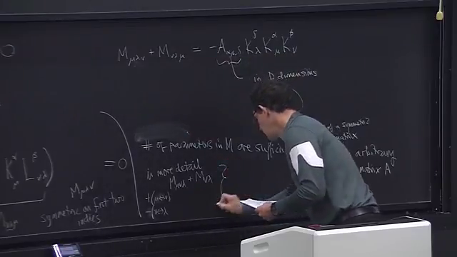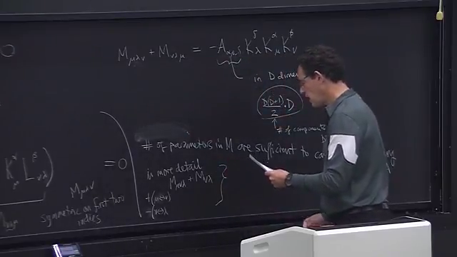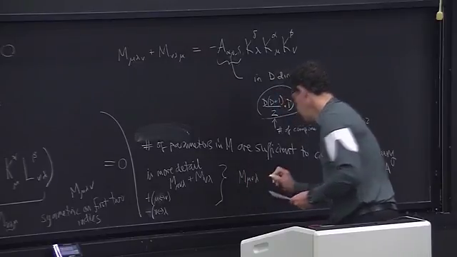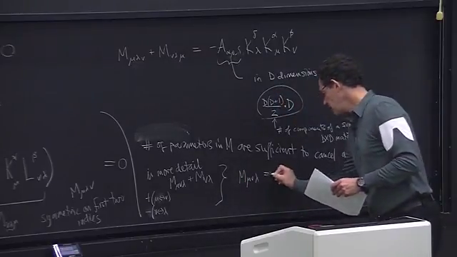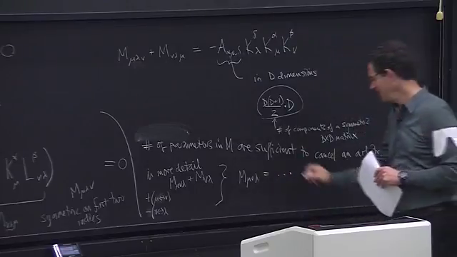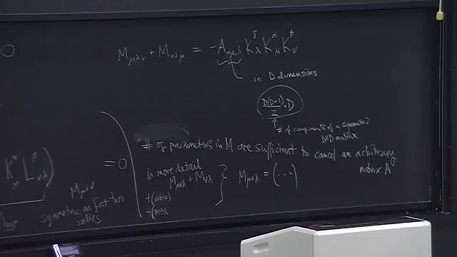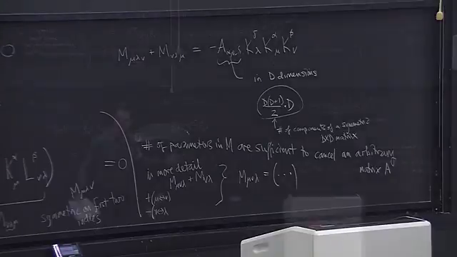When you do all that, you will find on the left-hand side that you only have M mu nu lambda, and on the right-hand side you have something. And so you can solve for M mu nu lambda. And since you've solved for M mu nu lambda, and since this matrix and that matrix are invertible, you can determine the L.